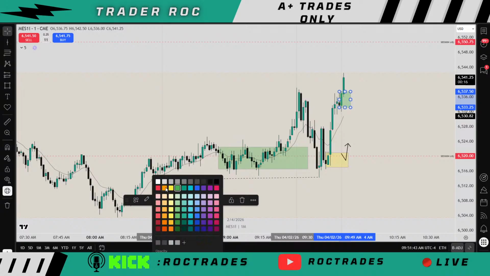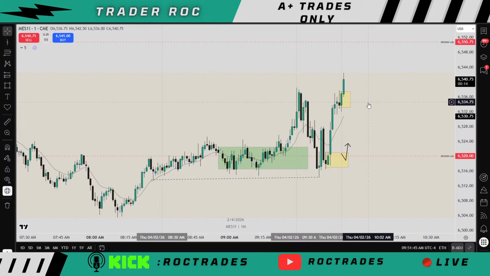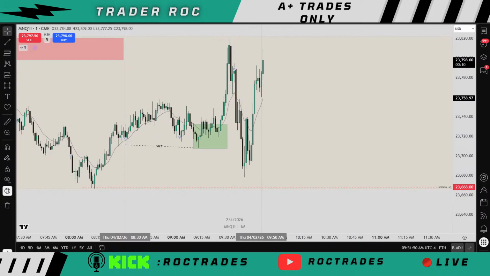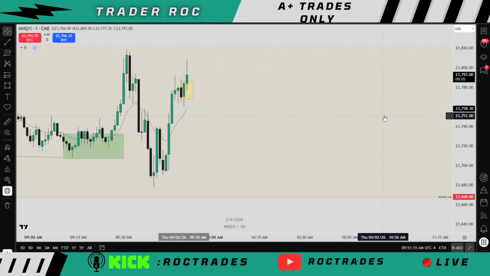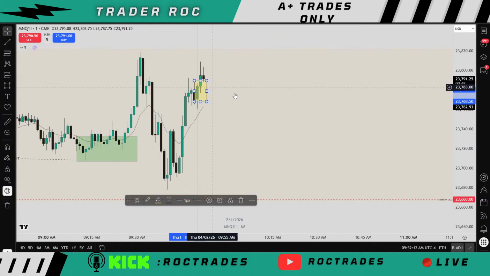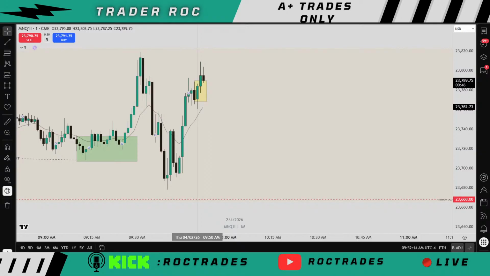I might have to slow my horses here. Calm down, because this is like FOMO at its finest. Let's see how price responds off of this order block right here. I'll take a quick scalp if it holds.